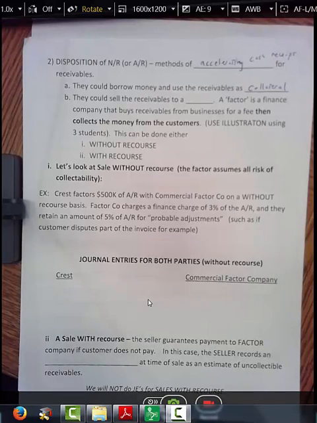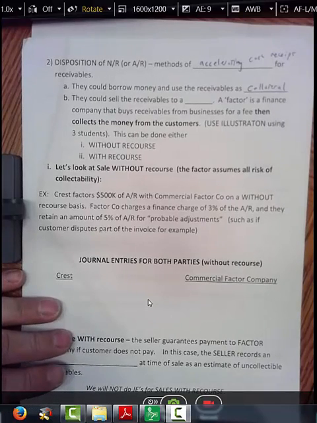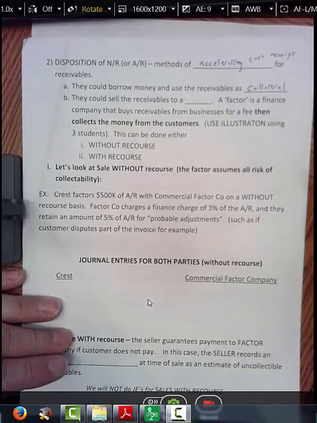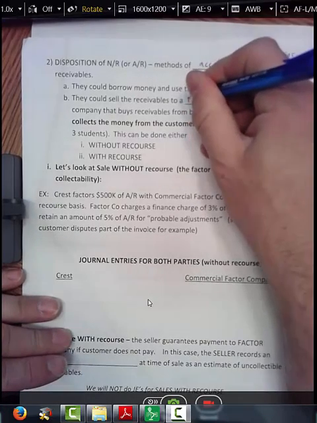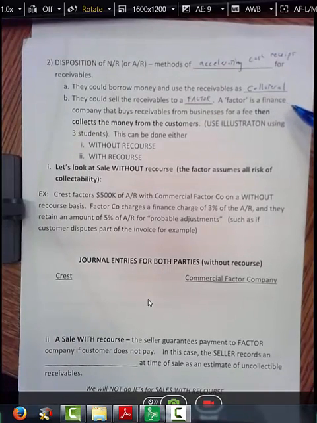So that is one thing that companies will do, is use the receivables as collateral. The other thing that they can do is they could sell the receivables to what we call a factor. Okay, a factor, it is a finance company that buys receivables from businesses for a fee, and then they collect money from the customers.